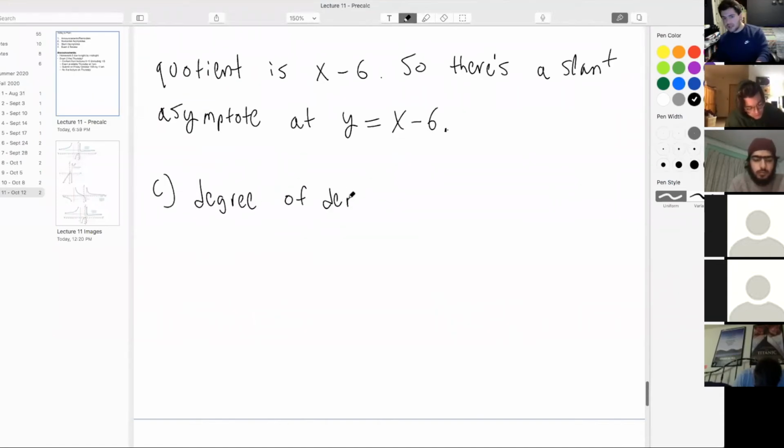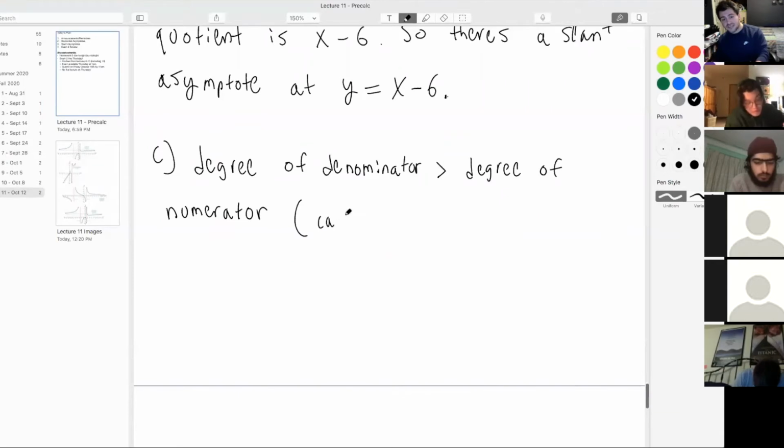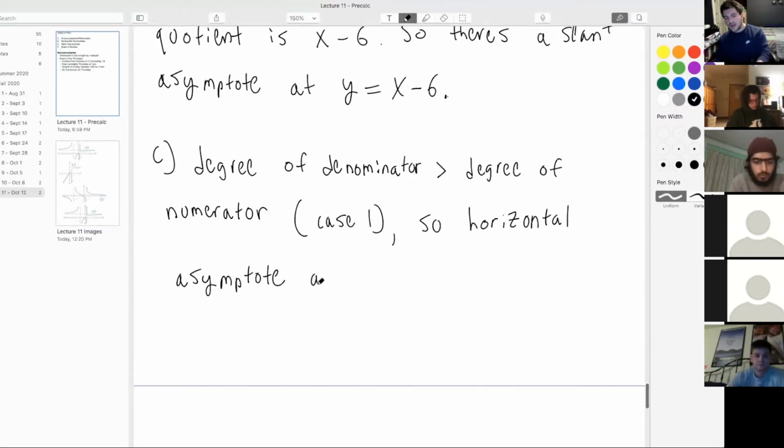Degree of denominator is strictly greater than degree of numerator. Okay, and so this is case 1 from above. And the conclusion of case 1, when we're in this scenario, is that there's a horizontal asymptote at y equals 0.